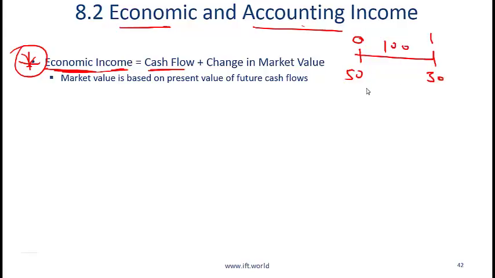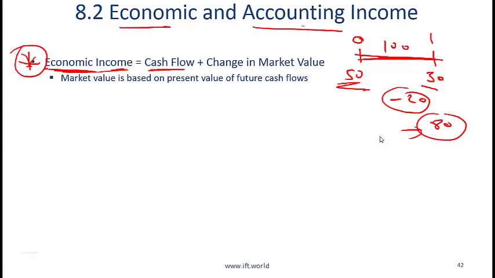This is the economic value of your overall project. The economic income is equal to the cash flow, which is 100, the real cash flow, plus the change in market value. What's the change in market value? That is minus 20. So 100 minus 20 is 80. So your economic income is 80.